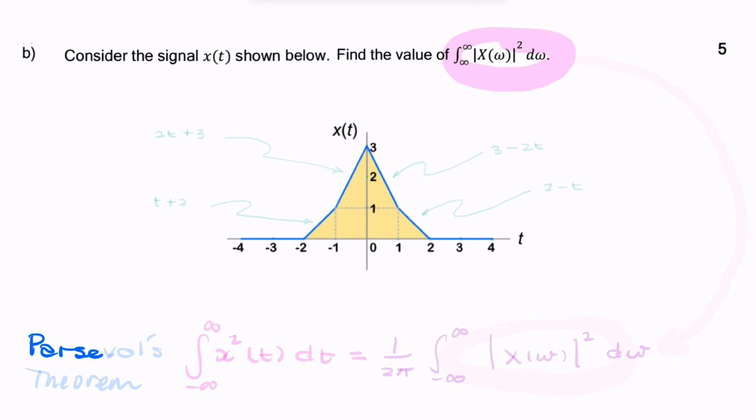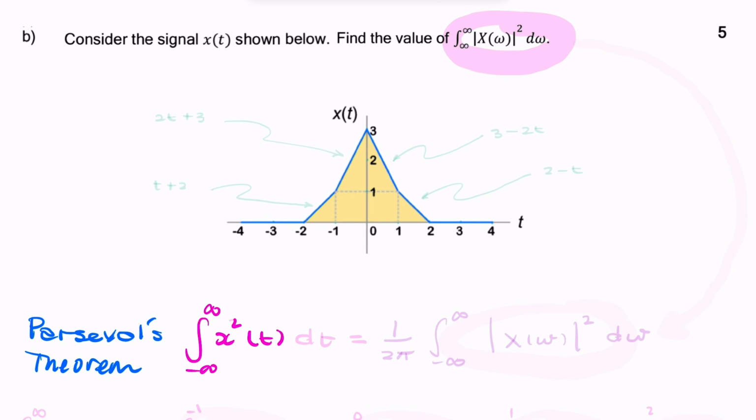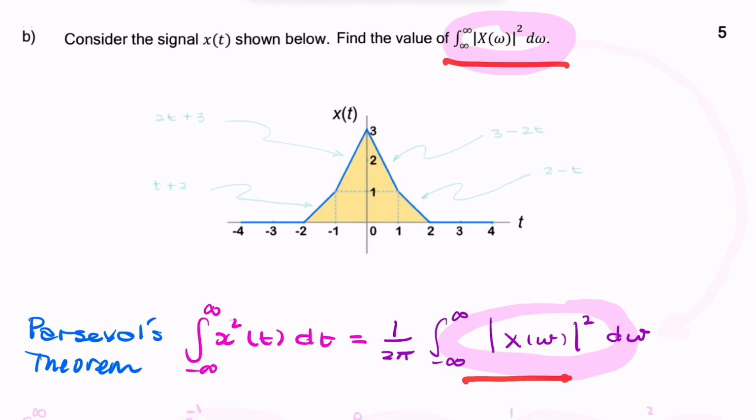But if you remember from Parseval's theorem, the integral from minus infinity to infinity of the signal squared is equal to 1 over 2 pi, a similar integral in the frequency domain. And you'll notice that that is exactly what the question is asking for. So the question is asking for this without the 2 pi.